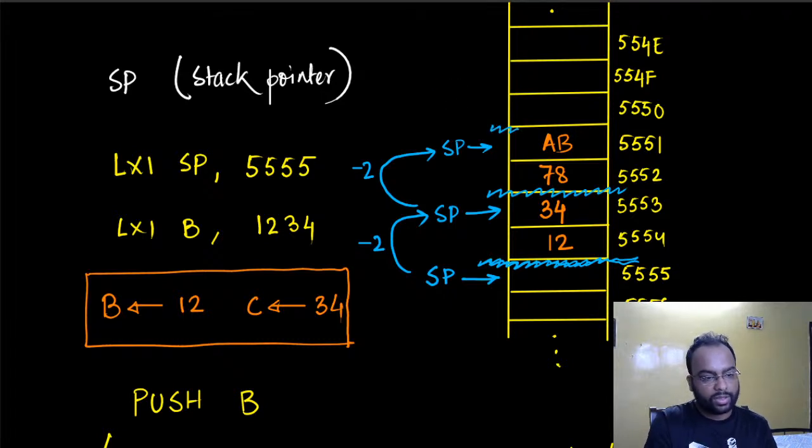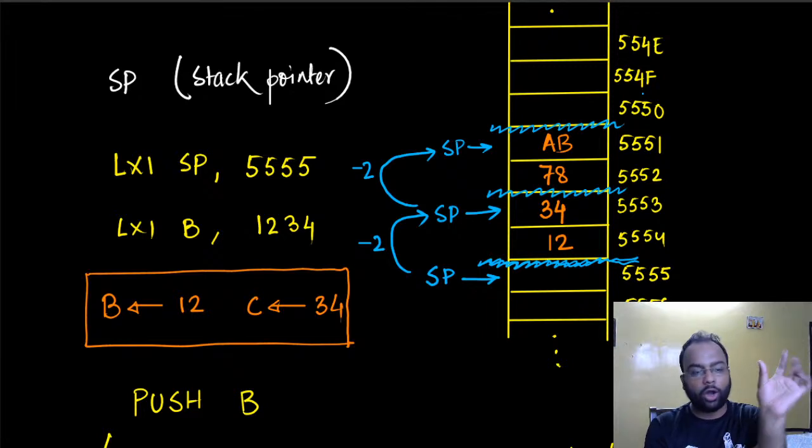So this is now denoting the bottom of the bucket. All right, so the stack pointer always points to the head of the stack. We call it the head of the stack or top of the stack. Stack pointer always points to the top of the stack. All right, so I think that's understandable.